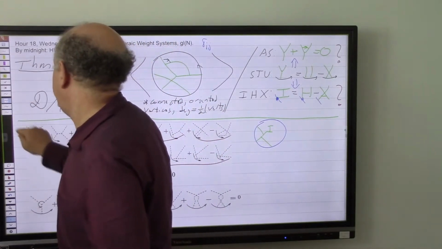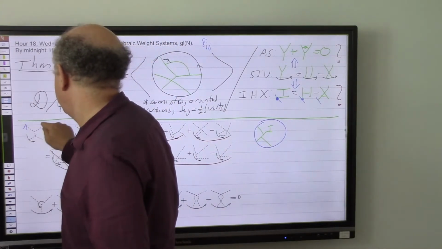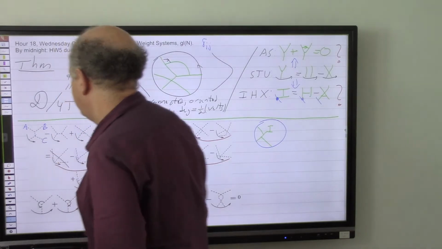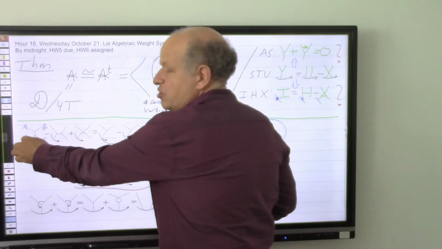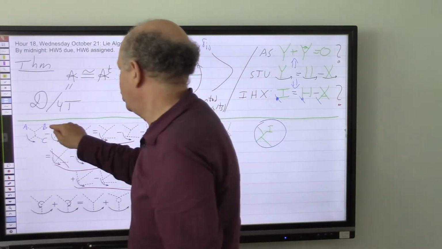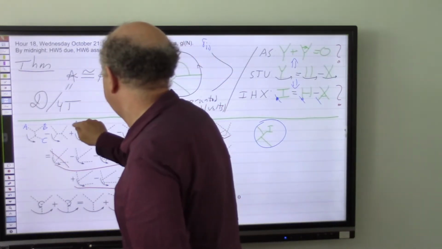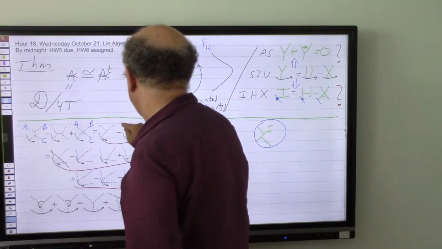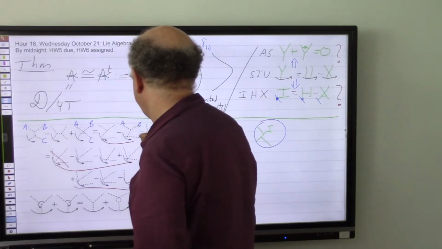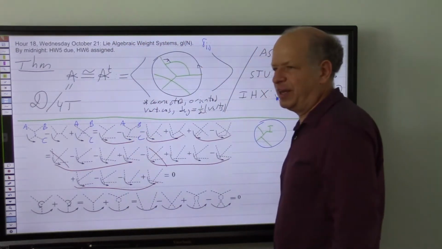Namely, if you write A, B, and C on the three ends that are not on the skeleton, but you do it consistently for all diagrams. So this one is also A, B, C. This one also has A, B, C. All of them have A, B, C like that.